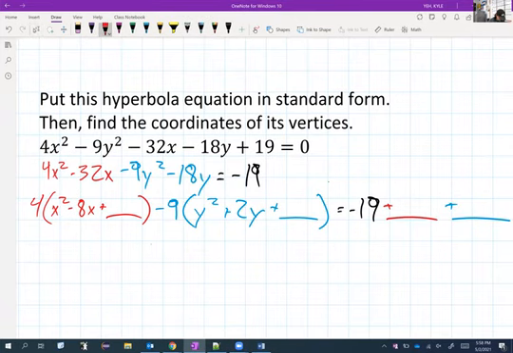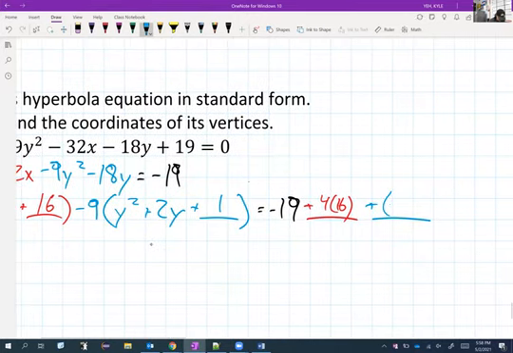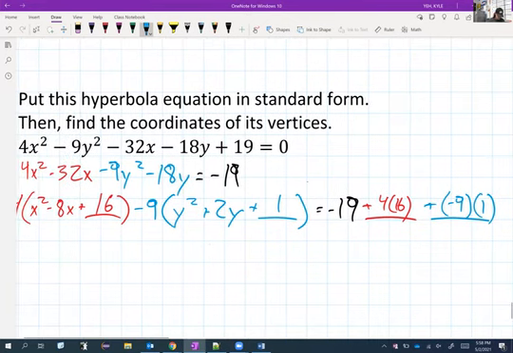B over 2 squared, negative 4 squared is plus 16 here. So I'm going to say plus 4 times 16. And then in blue, b over 2 squared is 2 over 2 is 1 squared is 1, plus negative 9 times 1, because that negative 9 in blue is what we factored out.